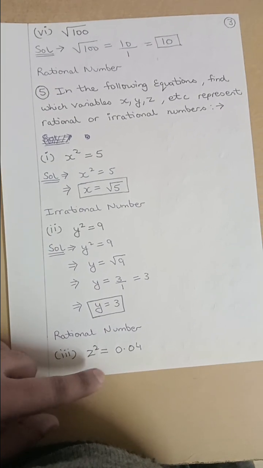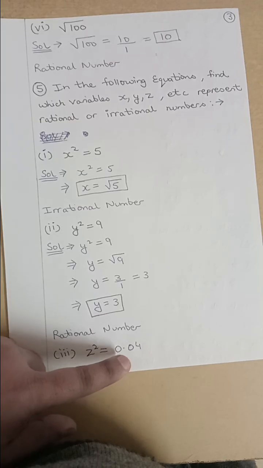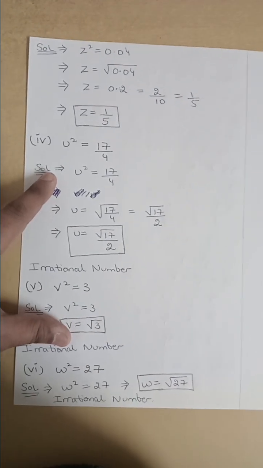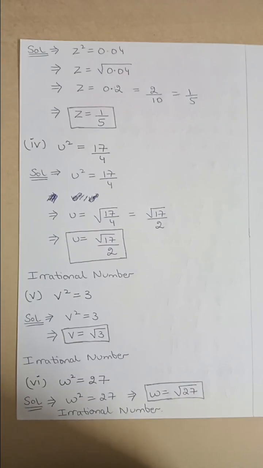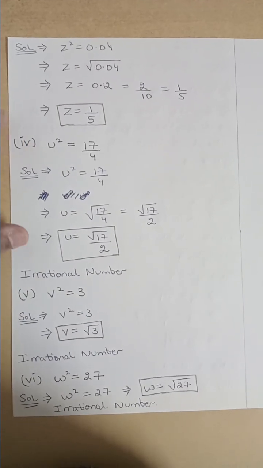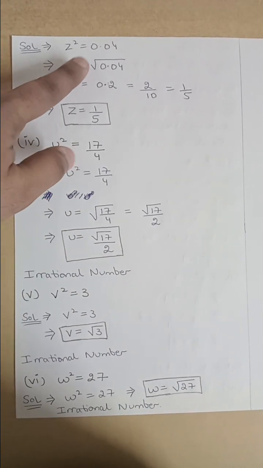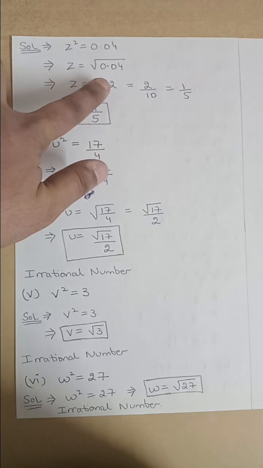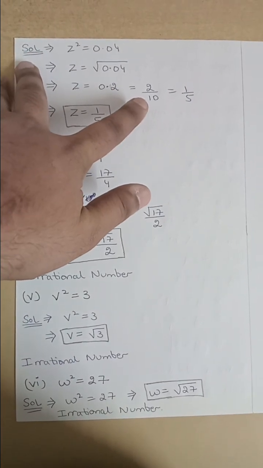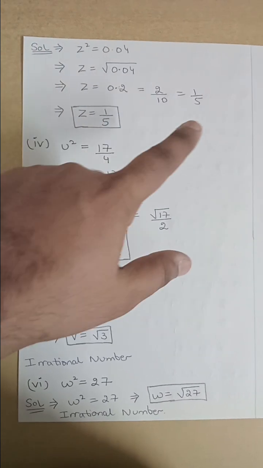Third, z square is equal to 0.04. So z becomes root 0.04. z is equal to 0.2, which can be written as 2 upon 10, which is 1 by 5.